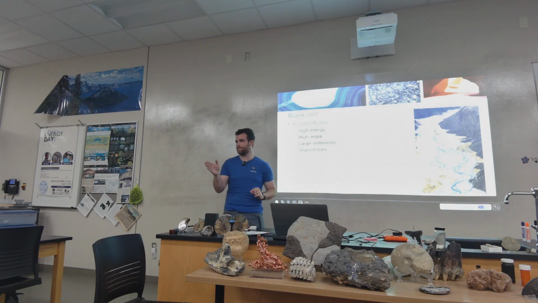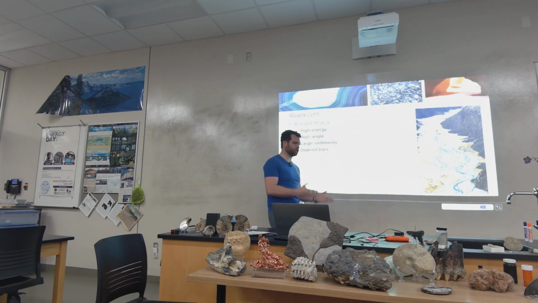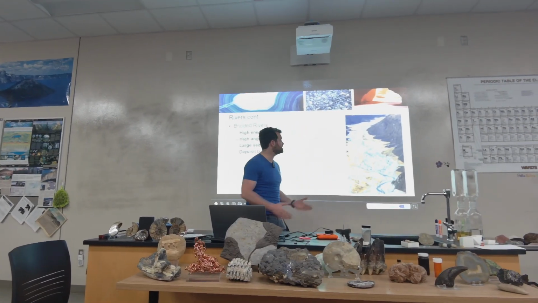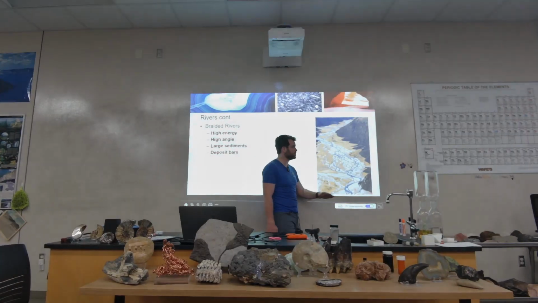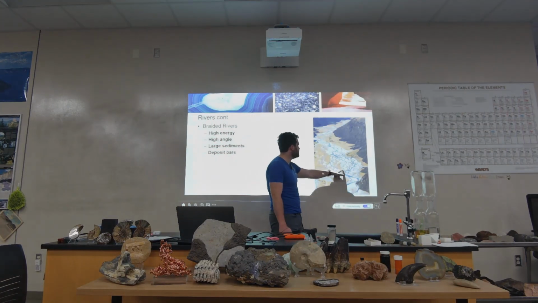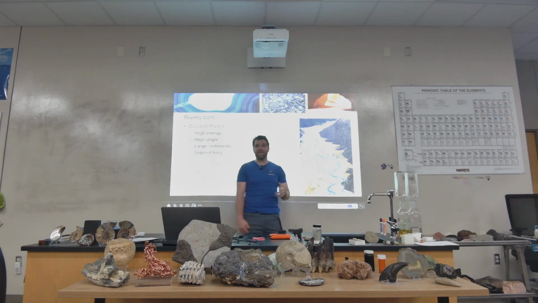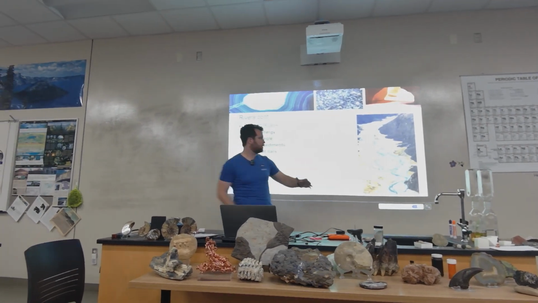If it's low energy, it's going to be small particles. Exactly, it has to do with the energy. Larger energy, larger particles my water can carry. And so because my braided streams have higher energy, they can carry larger particles. So you'll often see these little islands between each one of these streams here is made out of larger particles, cobbles, boulders even, right?